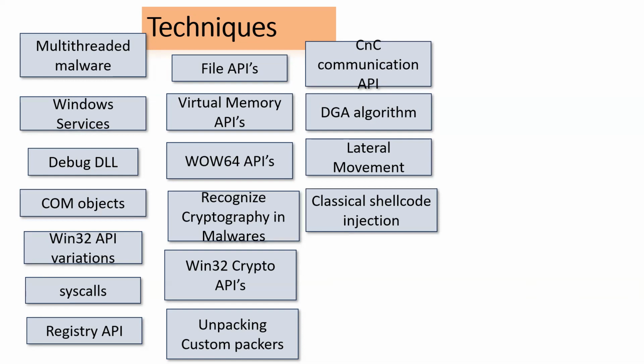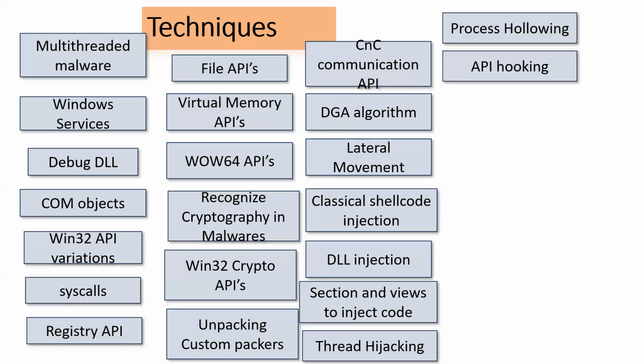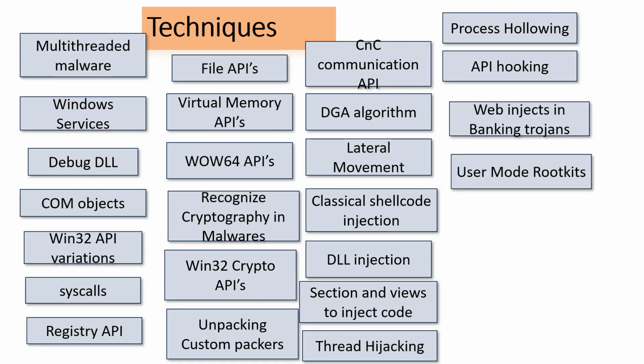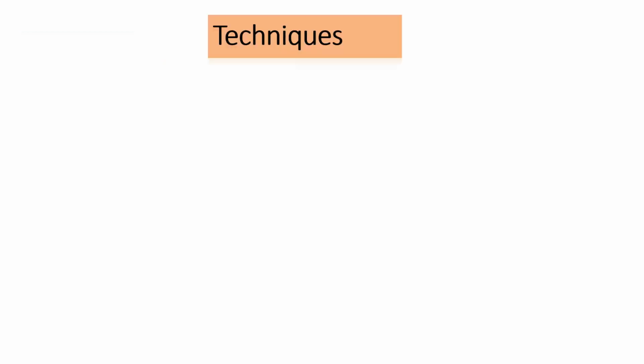You will learn to debug shellcode, classical shellcode injection, DLL injection, sections and views used for code injection, thread hijacking, process hollowing, API hooking, web injects in banking Trojans, user mode rootkits, kernel mode rootkits, and kernel debugging.